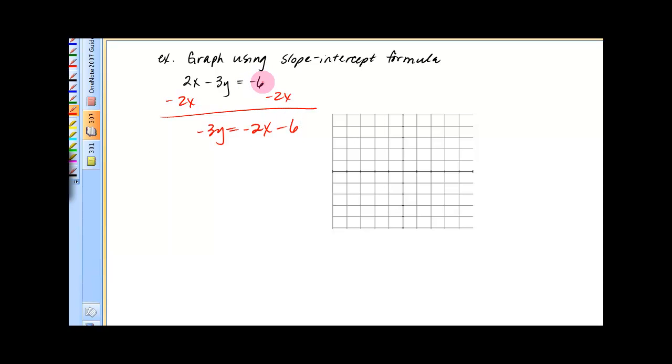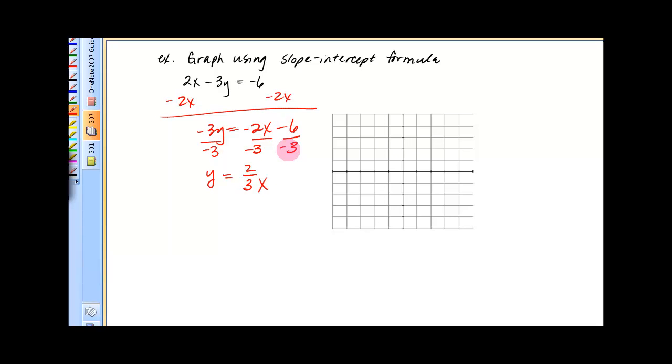I didn't really point this out before, but I'm just going to take a second and talk about it. This negative 6 and that negative 2x are not like terms, so I cannot combine them. That's why it ends up being negative 2x minus 6. Okay, now y is still not by itself. I need to divide all three terms by a negative 3. And I end up with y is equal to, a negative divided by a negative is positive, so I get a positive 2/3 x.